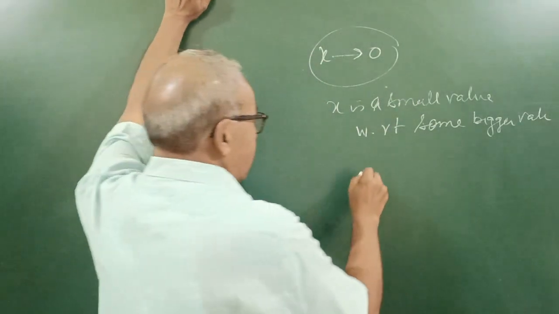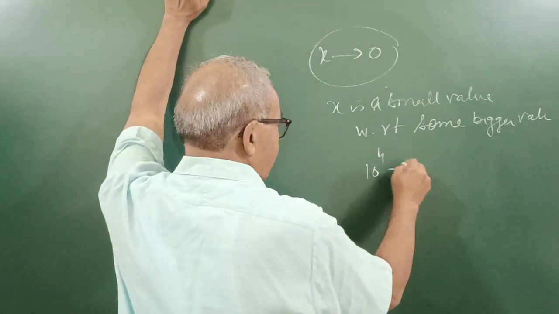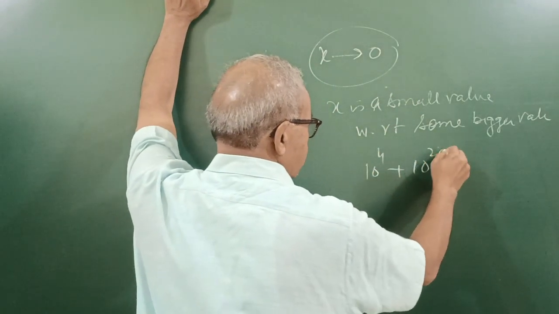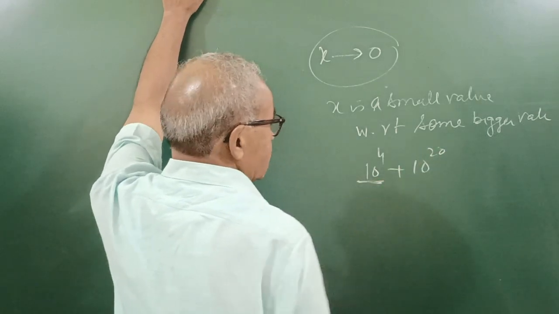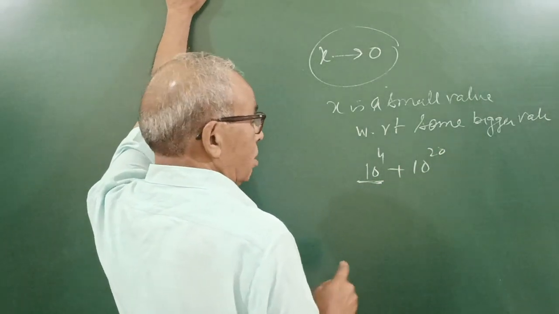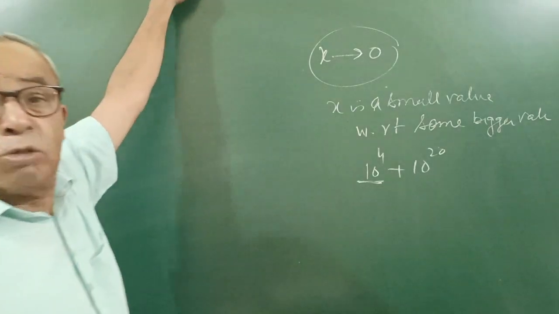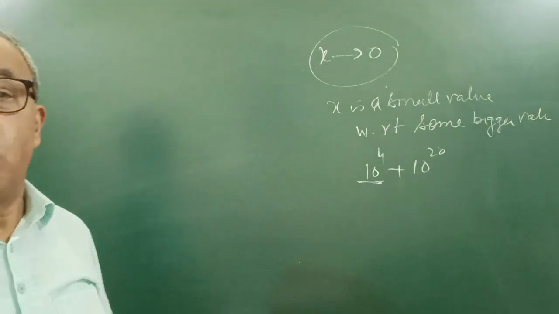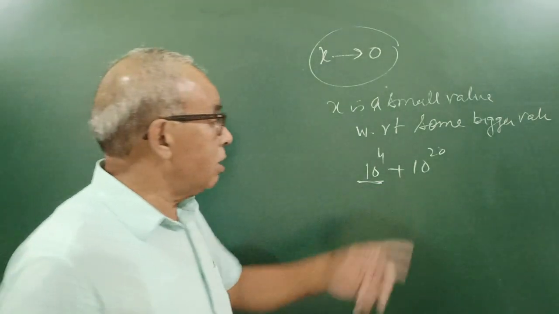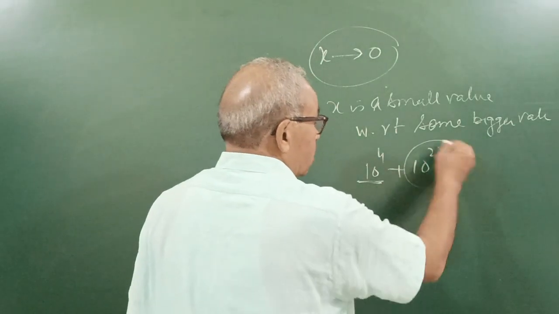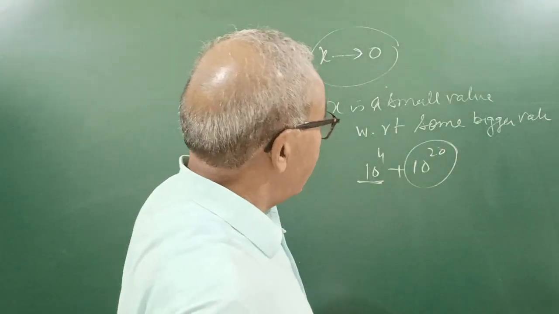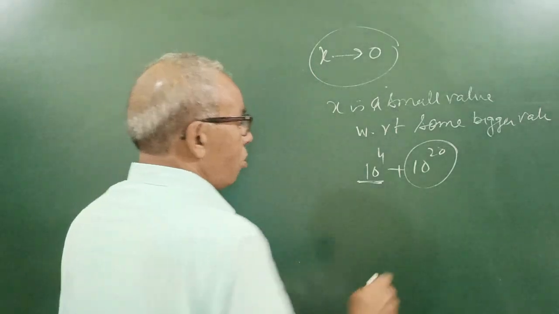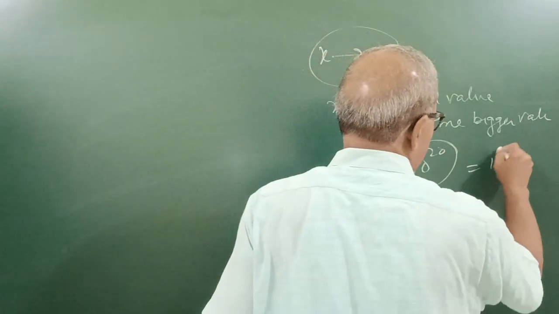For example, I say 10 to the power 10 plus 10 to the power 20. 10 to the power 4 means 10,000. So 10,000 is not small, is not 0. People are confused in addition also. So it comes 10 to the power 20 only?